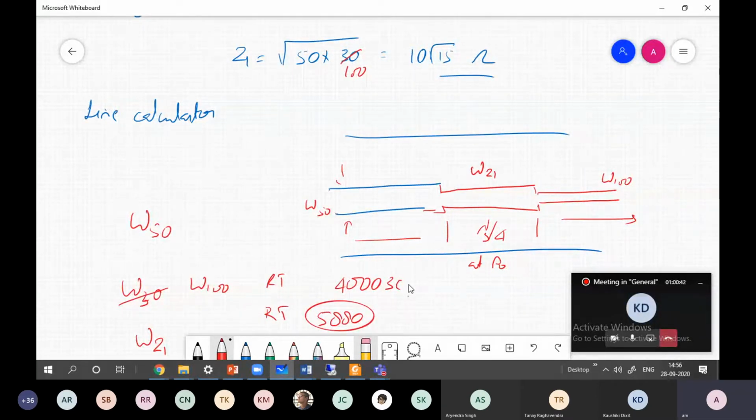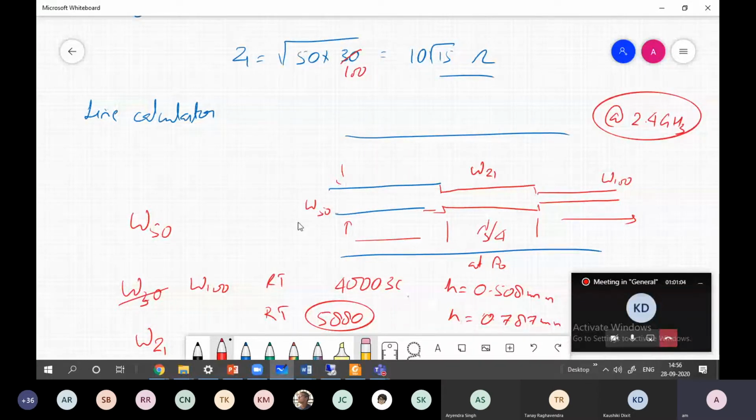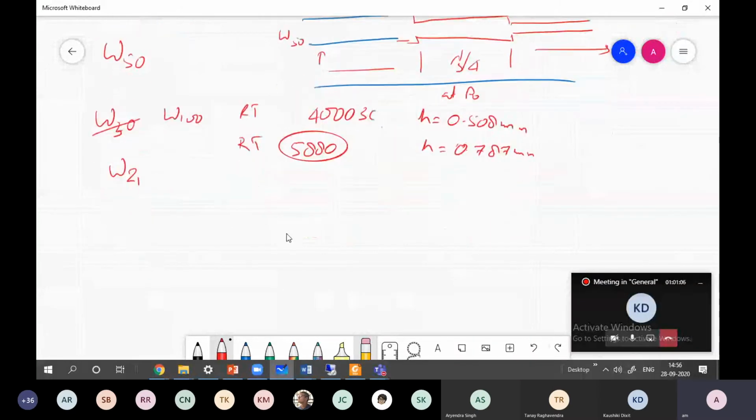The thickness H was 0.508 mm in both cases, and here you have to take 0.78787 mm, and you have to design at, let's say, 2.4 gigahertz. So these things first you have to verify in MATLAB.